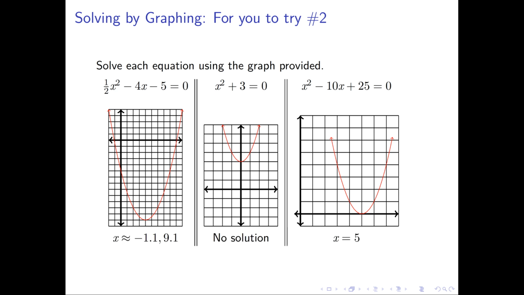In this case, a good estimate might be x equals negative 1 1/10 or negative 9 1/10. Any estimate close to those when you're graphing would be just fine. The graph of the second one, you can see that it has no solution, and in the third one, you can see that there is just one solution, x equals 5.